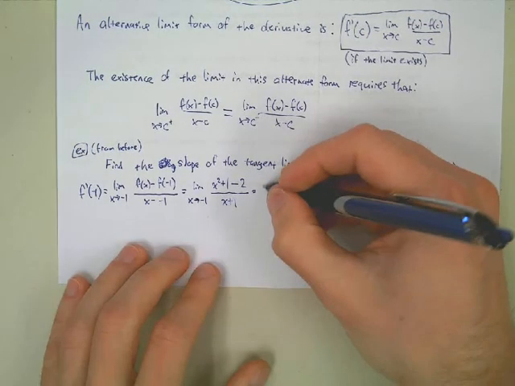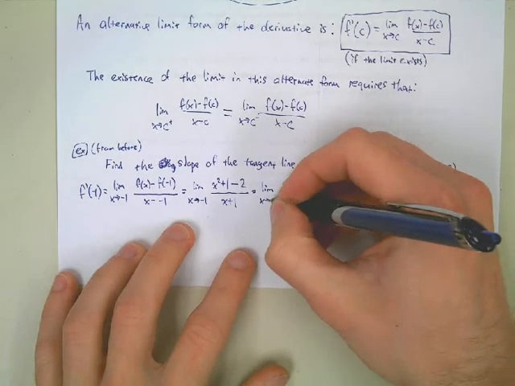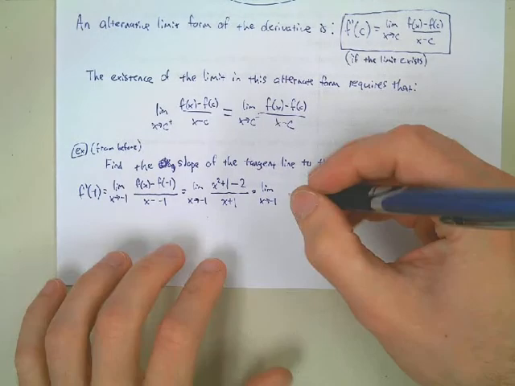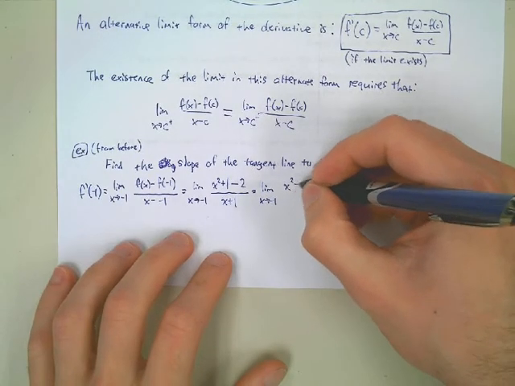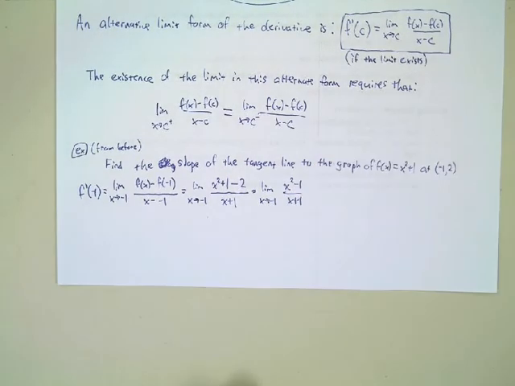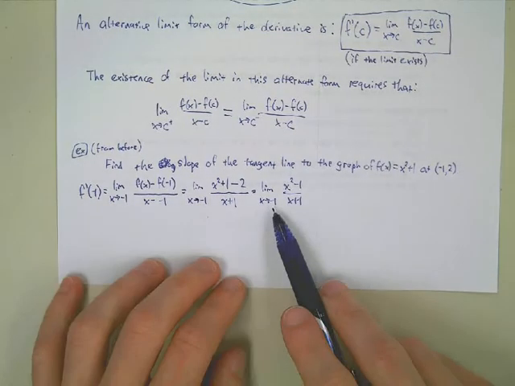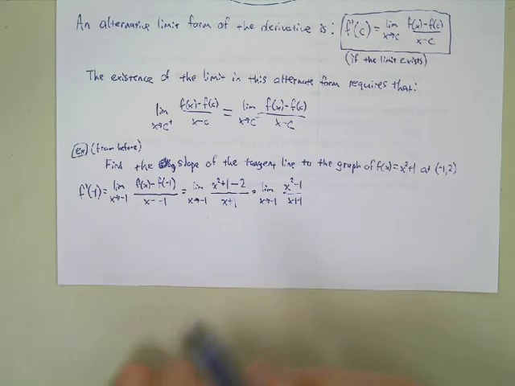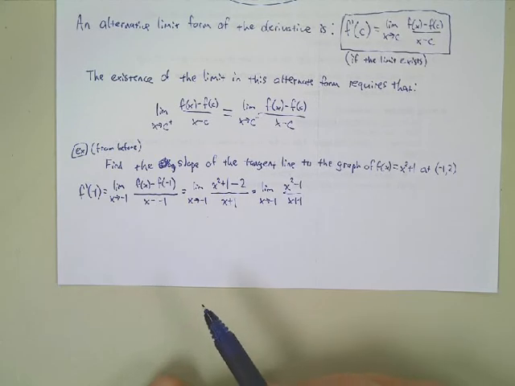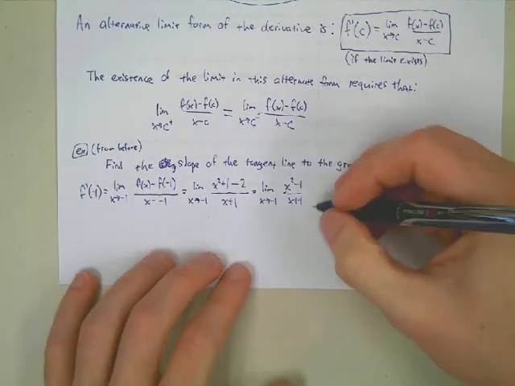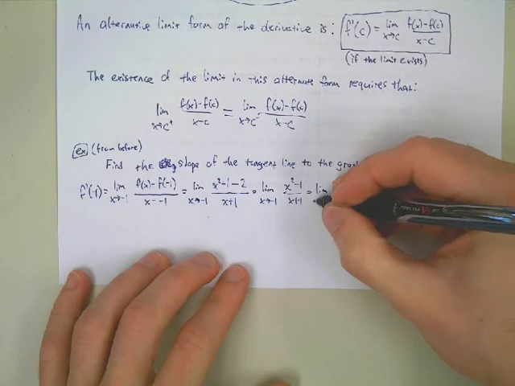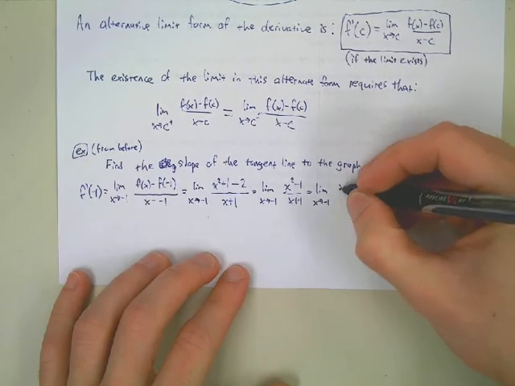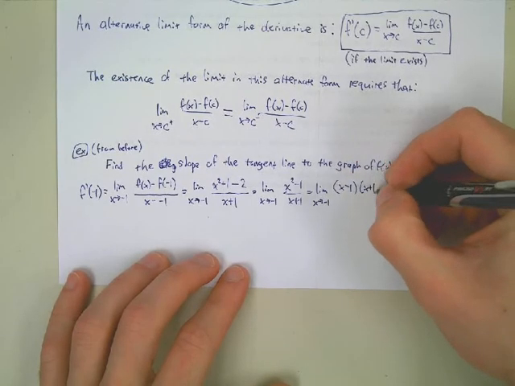All right, now we can simplify the numerator, right? 1 minus 2 is negative 1, so it's x squared minus 1 over x plus 1. Okay, great, so we simplified, and now if I direct substitute, I get negative 1 squared is 1, 1 minus 1 is 0, over, oh crap, it's 0 over 0 still. Factor. Right, we can factor though. x minus 1 times x plus 1, over x plus 1, and then what happens?